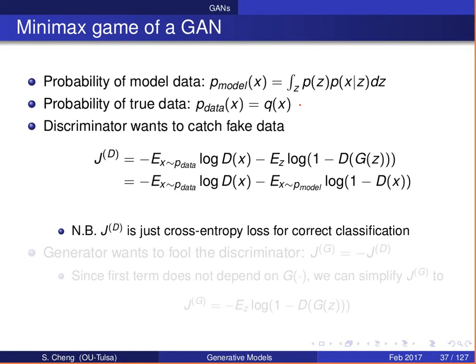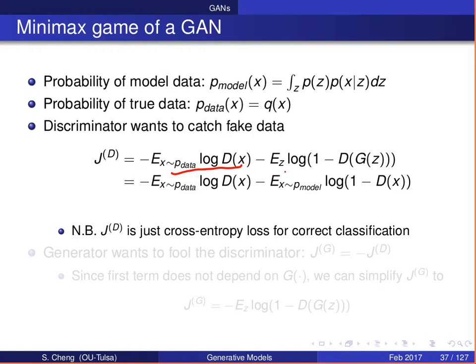And the discriminator will want to catch the data based on the cost function here. D(x) is the score output from the discriminator, right? If you look at this, it is essentially just the cross entropy for taking D as the classifier. If the input is from the p data, and he's doing okay, then D(x) should be 1, then this value will be equal to 0, then the cost will be 0.